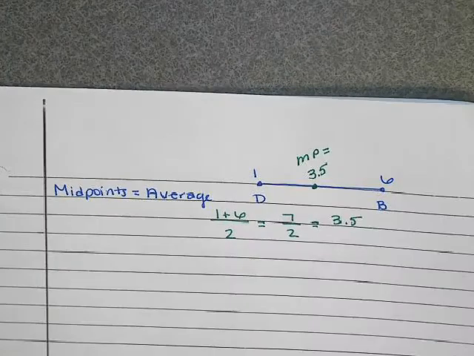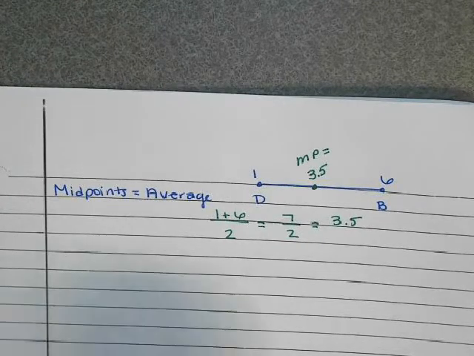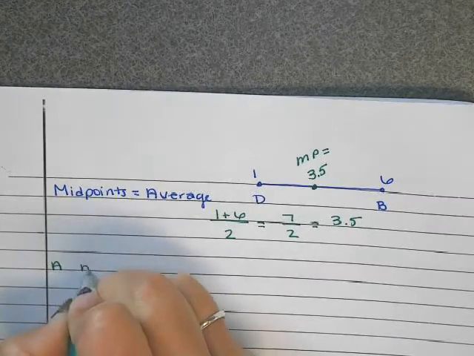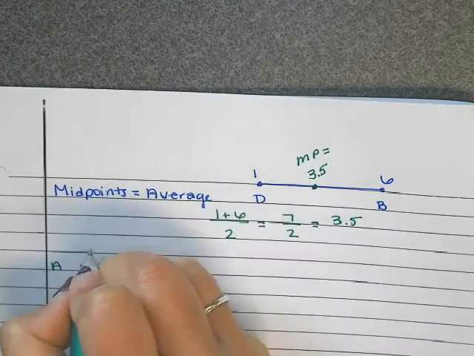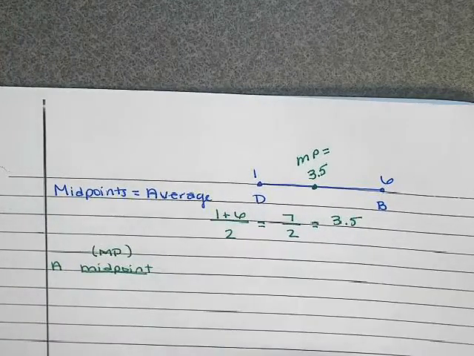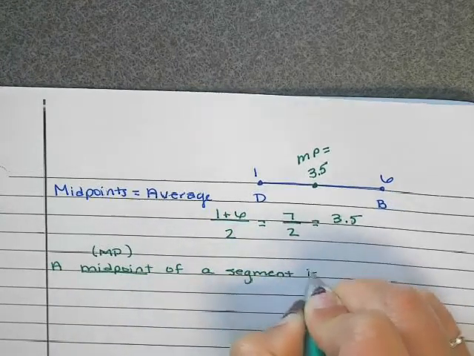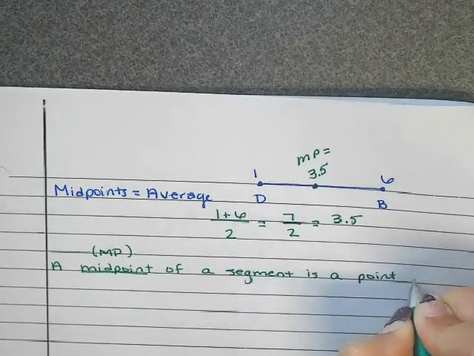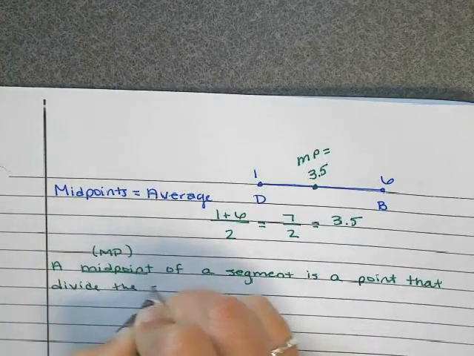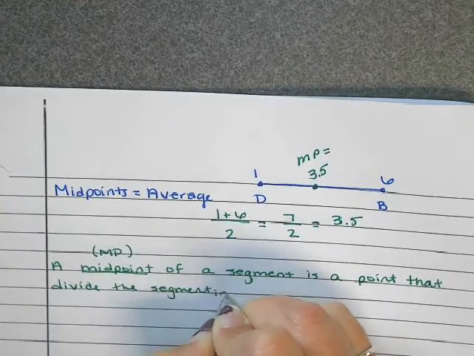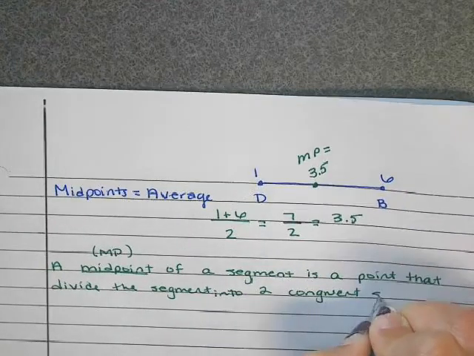MP being midpoint. Okay. So next we're going to actually define what a midpoint is. So a midpoint, here's another vocab word. A midpoint of a segment, we usually abbreviate it MP, so I put that there, of a segment is a point that divides the segment into 2 congruent, there's that congruent word again, segments.